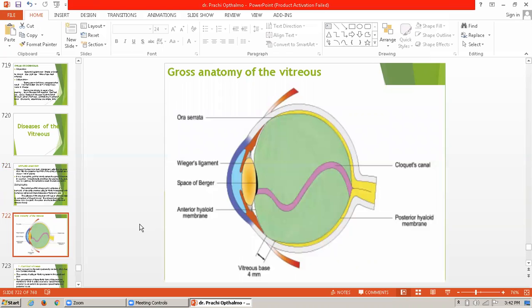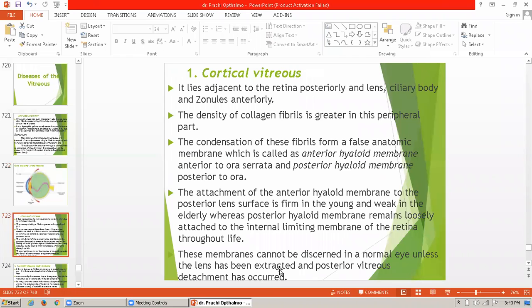When we see the diagram of the gross anatomy of the vitreous, we can see the ora serrata, Wieger's ligament, space of Berger, anterior hyaloid membrane, posterior hyaloid membrane, Cloquet's canal, and vitreous space, that is 4 mm.